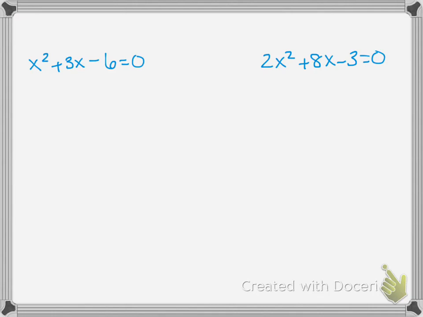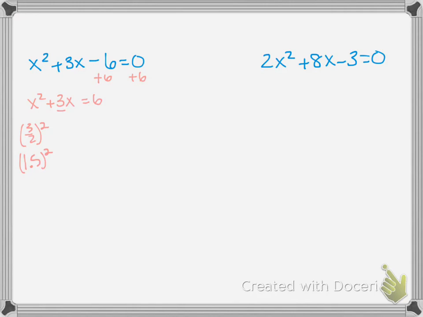Okay, get rid of that c value, so we're going to add the 6. This is my b value, so I do 3 divided by 2 squared. 3 divided by 2 is 1.5. Okay, so that's actually what's going to be my set of parentheses.